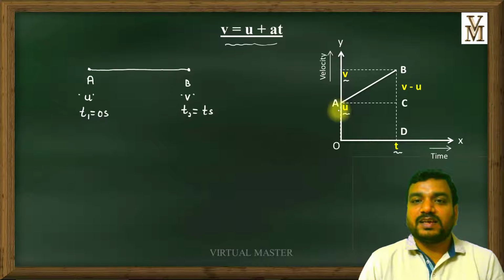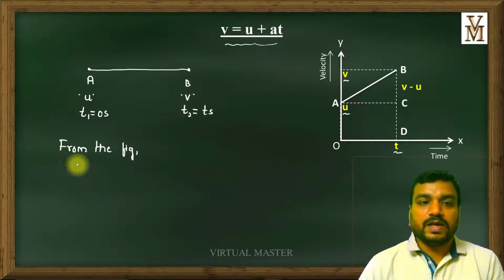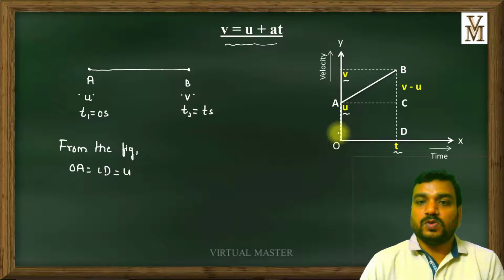From the figure, I can write OA will be equal to CD and it will be equal to small u. That is, the length of OA and the length of CD is equal to small u.